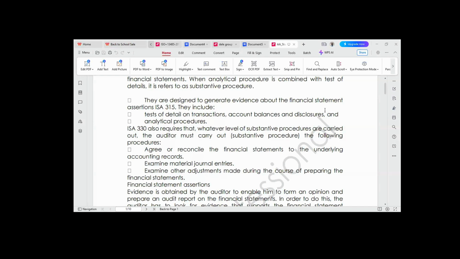Now, those journals are to regularize or to reduce the risk of material misstatement that is contained in the what? In the financial statement. That is the essence.